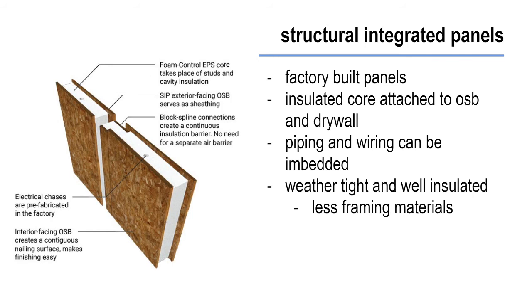It could be plywood on both sides like this picture shows. And then wiring and piping can also be embedded into that foam core as the panel gets manufactured. And so SIPs are custom designed for every particular application that they're being used for. They get joined together with screws and glue to create this weather tight, really well insulated wall, roof, or floor.